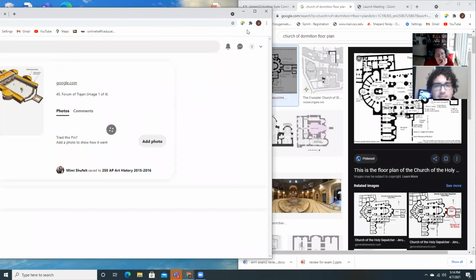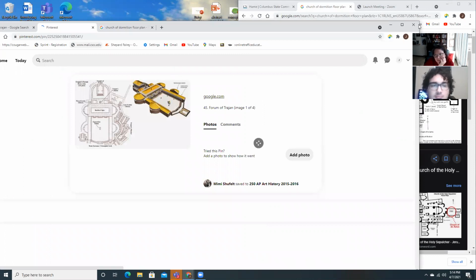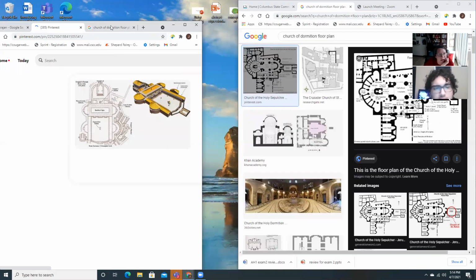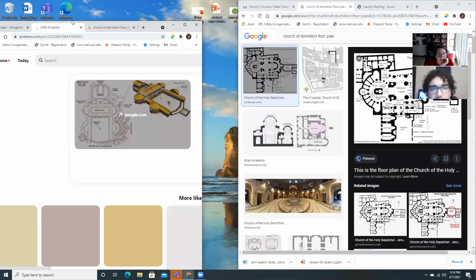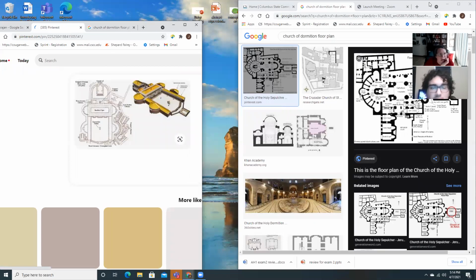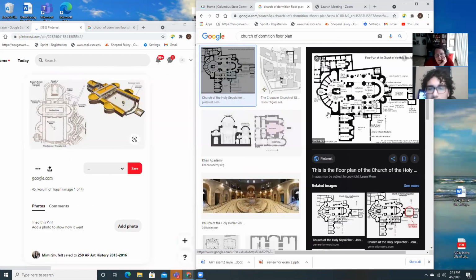So here you've got the floor plan, and you can see how similar the floor plan of the Forum of Trajan is to, say, the Church of the Holy Sepulchre.